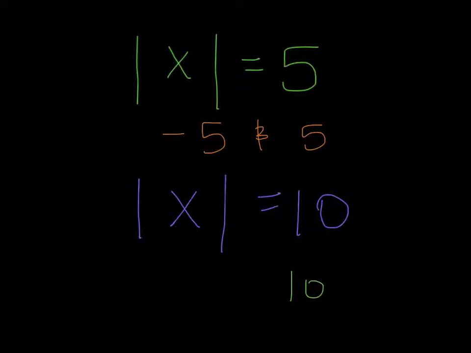Positive 10 equals positive 10, but also the absolute value of negative 10 equals 10. So negative 10 and 10 are both input values that will satisfy the absolute value of x equals 10.